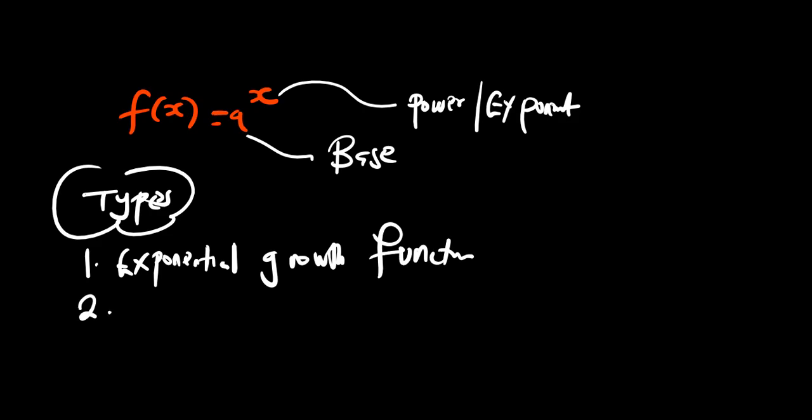Number two, there's what we call an exponential decay function. So what is the difference in this case? For the one that is a growth, the value of a, or your base, is greater than 1. Then for an exponential decay function, the value of a will be between 0 and 1. So this is how different they are.